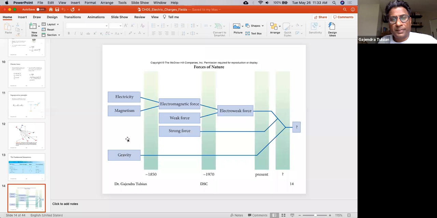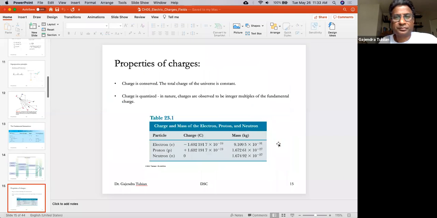And so electricity and magnetism were combined in 1850. The electromagnetic and the weak force were combined in the 1970s. And right now, the strong force behaves like a separate force. The electroweak force, strong force, and gravity behave like separate forces. But the belief is at a high energy, we could find a single force that would explain things. Okay.